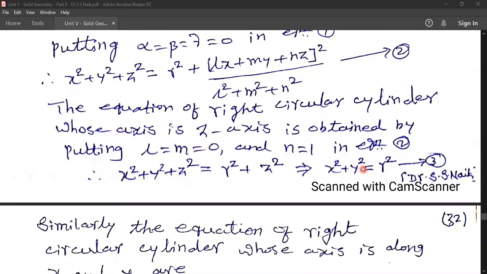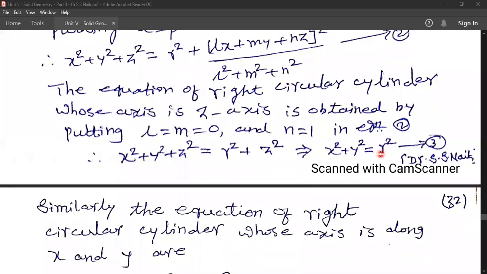Now if you remember, this x² + y² = r² is the equation of a circle. So therefore the equation of a right circular cylinder whose axis is the z axis is x² + y² = r², which becomes a circle.